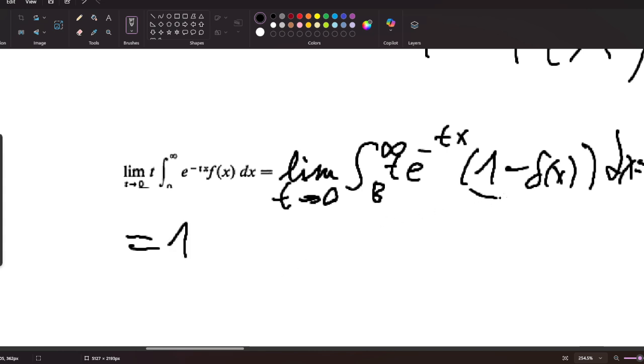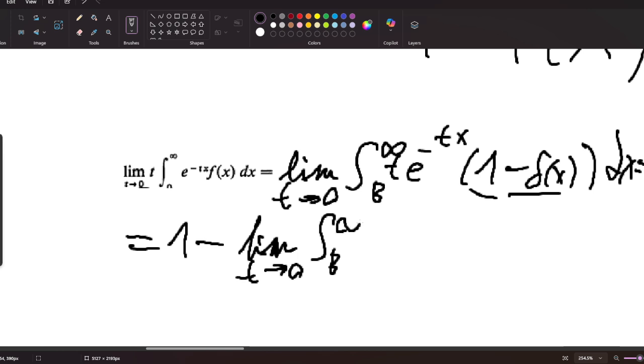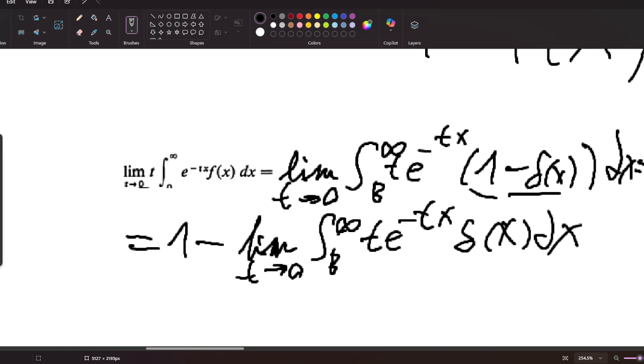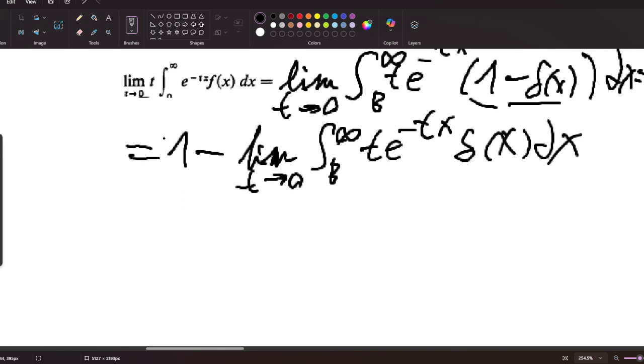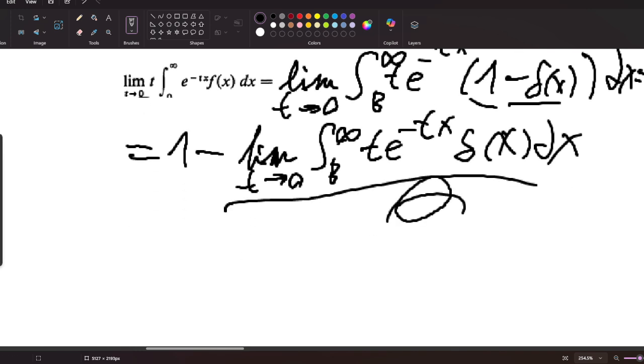Alright, and next thing that we have is minus delta x. So minus the limit as t approaches 0 of the integral from b to infinity of t times e to the minus tx times delta x dx. Now, thing is, we need to show that this is going to be equal to 0. How do we do that?